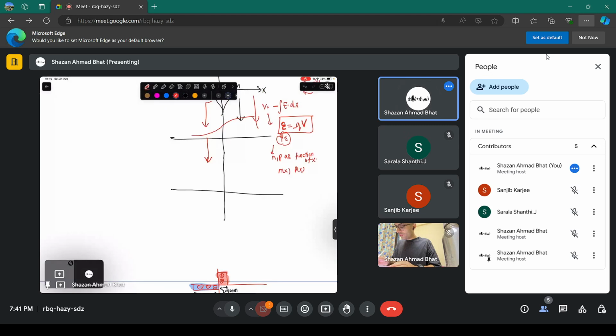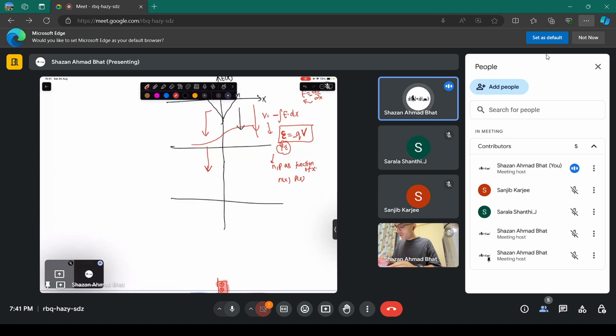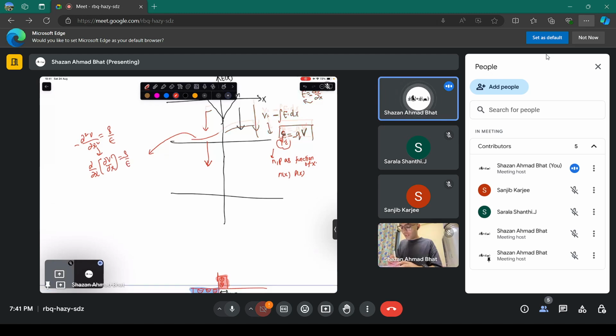Okay, so if you know the Poisson equation, you can write it like this: dou by dou x of dou V by dou x equals rho by epsilon, and this particular thing is electric field.